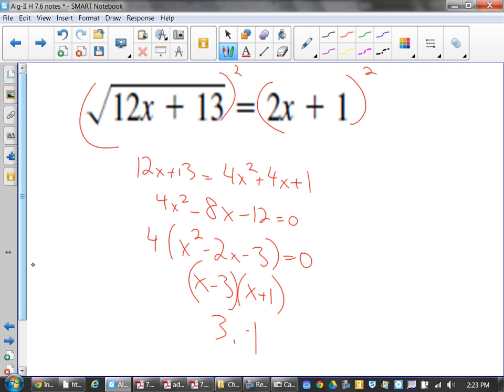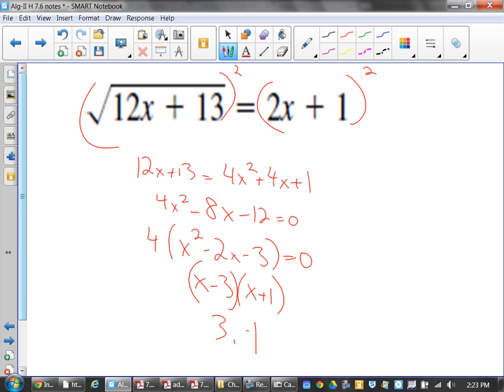Going back up top then, what's 12 times 3? 36. 36 plus 13 is? 49. So square root of 49 is? 7. What's 2 times 3? 6. 6 plus 1? 7. Worked. All right, what's 12 times negative 1? Negative 12. Negative 12 plus 13? 1.